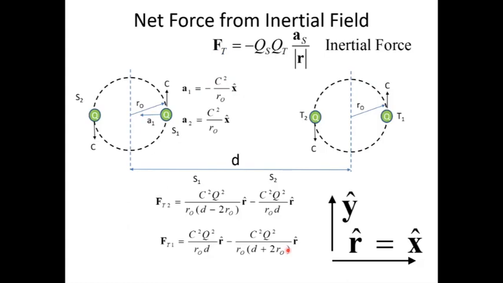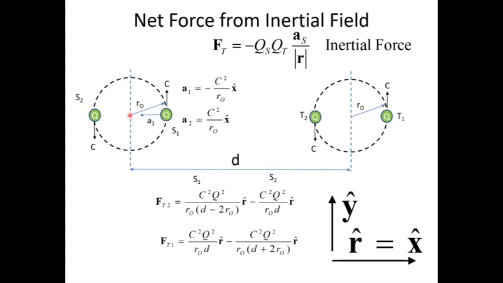So let's start off. We're going to take the inertial field model, and we're going to compute the net force on the target second order system of pretons, the target electron, from a source electron, which again is a second order system of pretons. And what you have here is source preton 1, source preton 2, target preton 1, target preton 2.